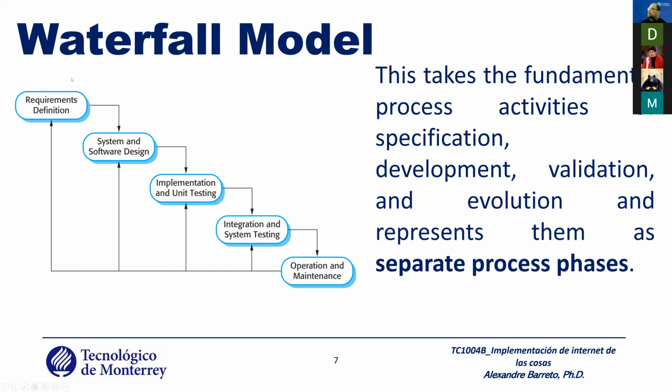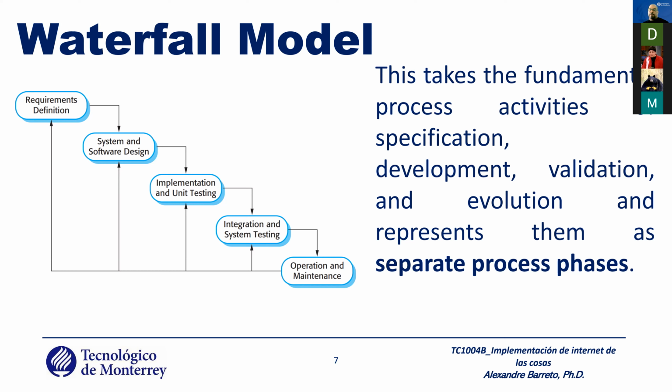The oldest model is the waterfall, okay? The waterfall follows the industry pipeline, like, for example, Frederick Taylor organized the pipeline of production of products in the industry, okay? Software, most of the time, follows the industry model.